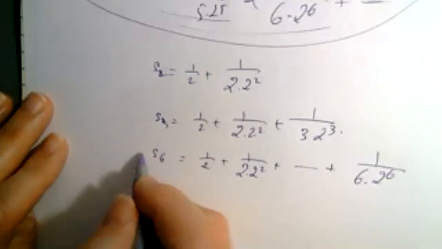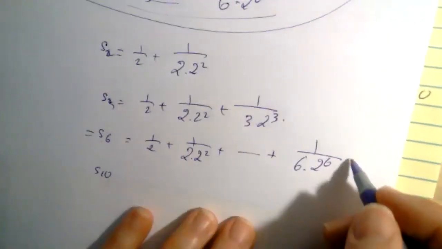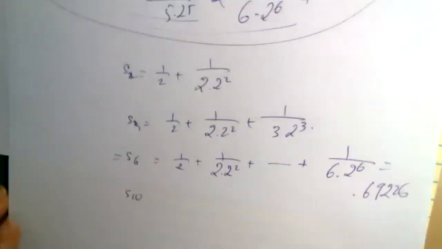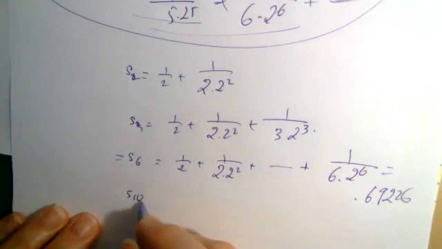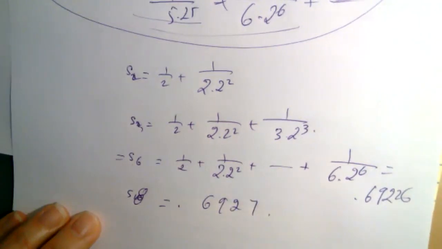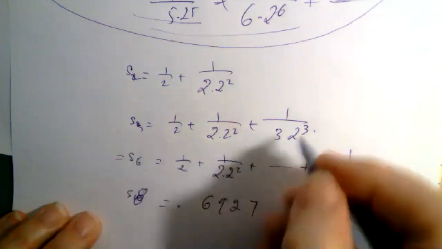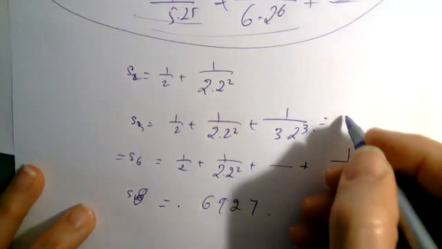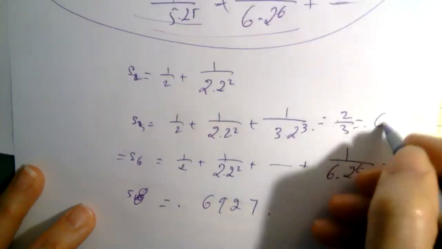For S6, I got 0.69226. I did S8, I got 0.6927. I did S3, I got 2/3, 0.66.